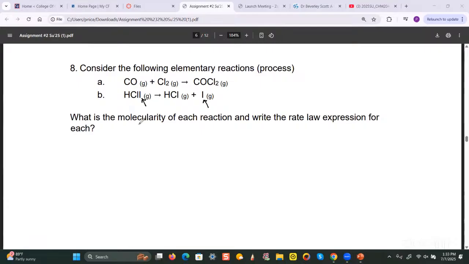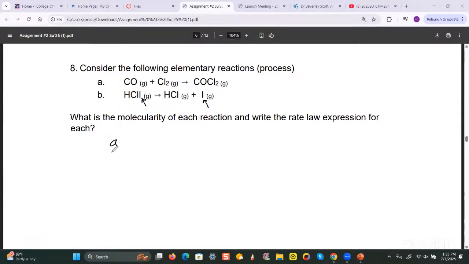Just to clarify the formulas there. The question is, what is the molecularity of each reaction, and write the rate law expression for each?